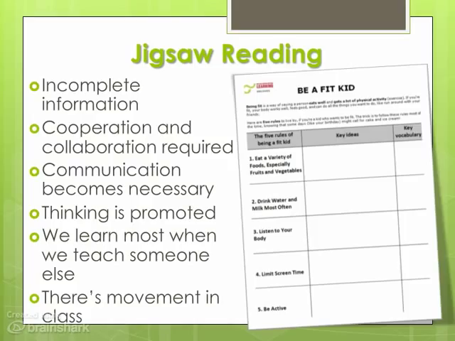They work together cooperatively in groups to explain to their partners the information that they need to complete the table. Now this obviously requires cooperation and collaboration. It's a real communicative activity. Communication is necessary. Without it, the students can't complete the task.